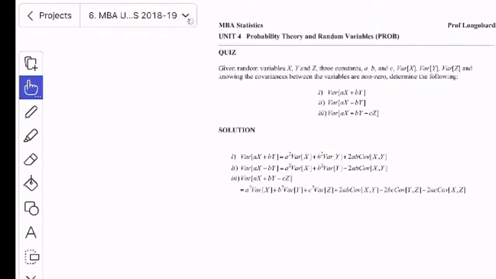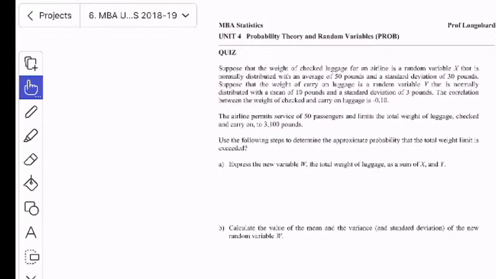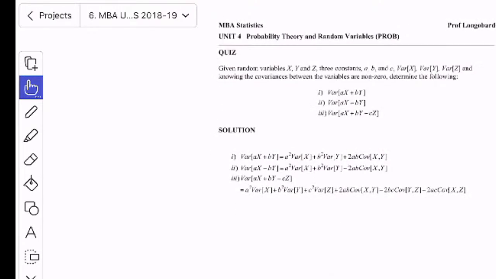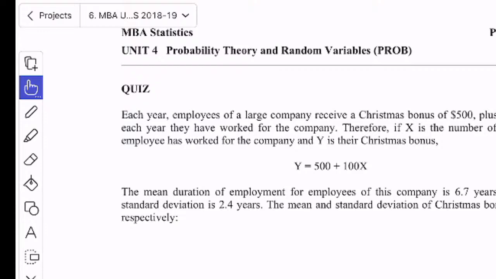So I want you to spend this week practicing solving these problems. Let's review, using this exercise, some of the rules. I'm going to unzoom this so you can see this better.